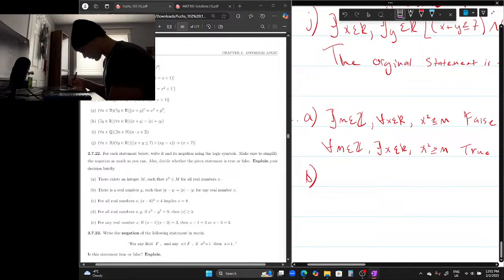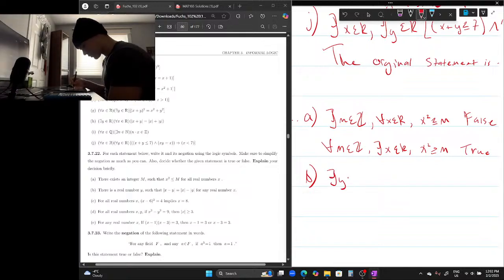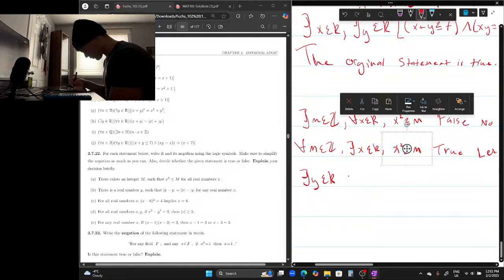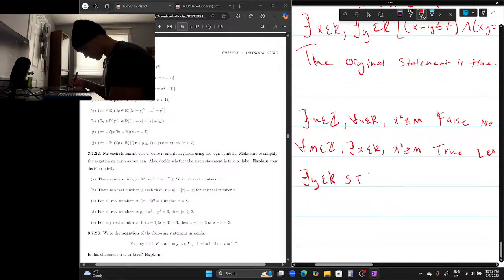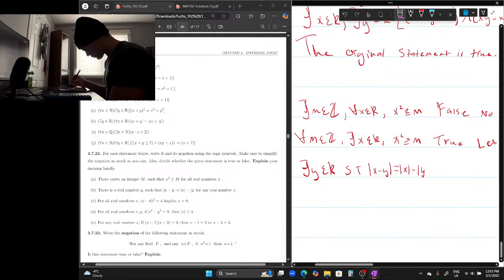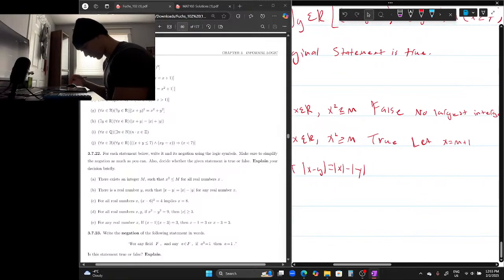There's row number 1. There's row number y equals x minus y.